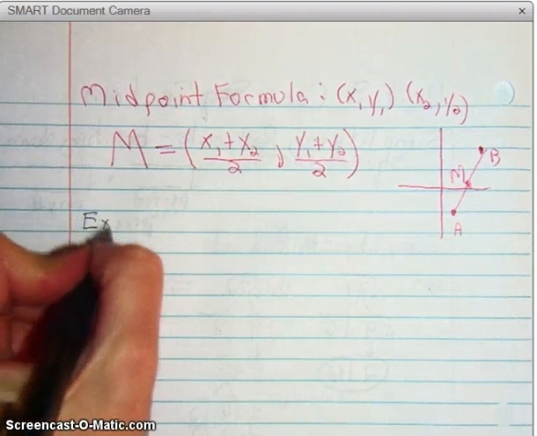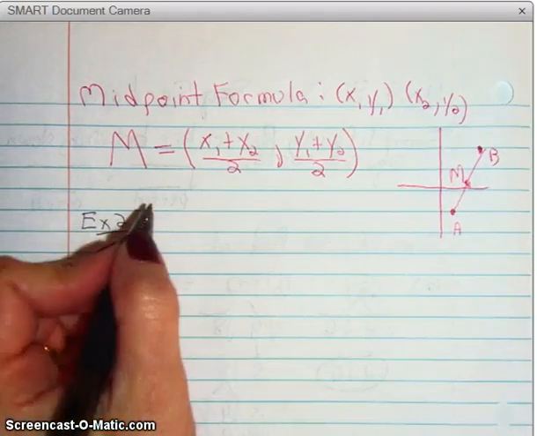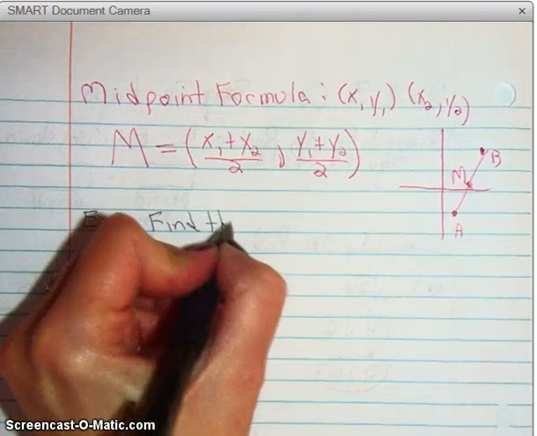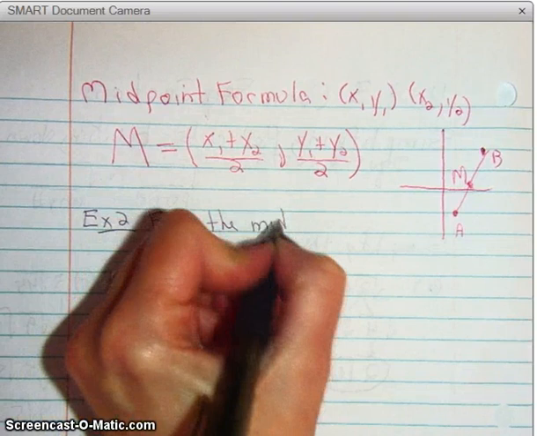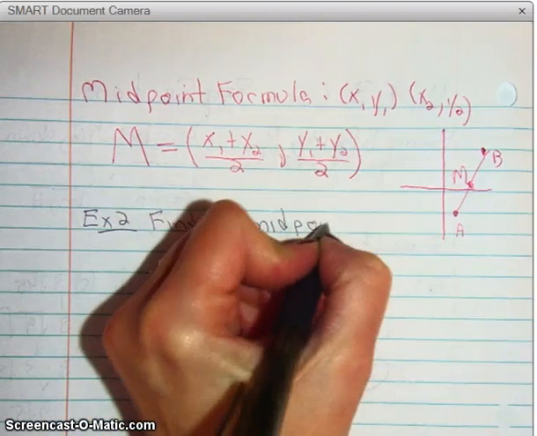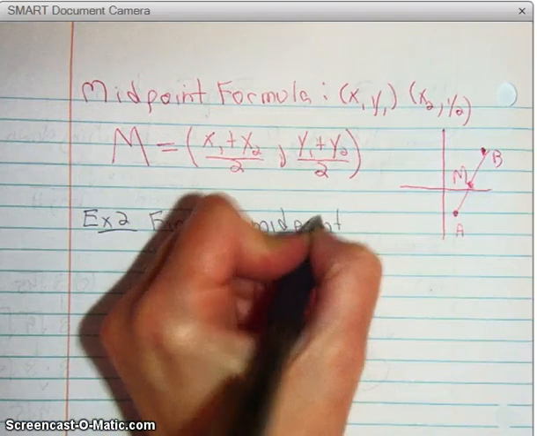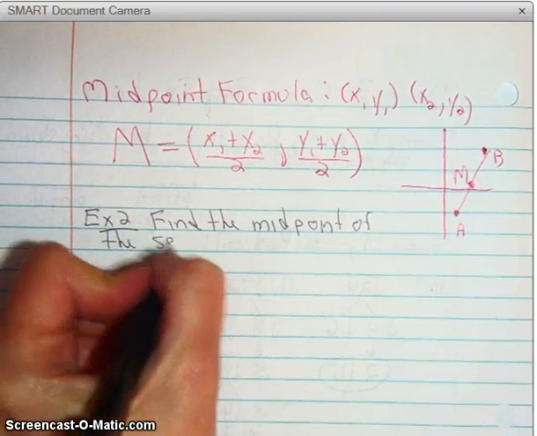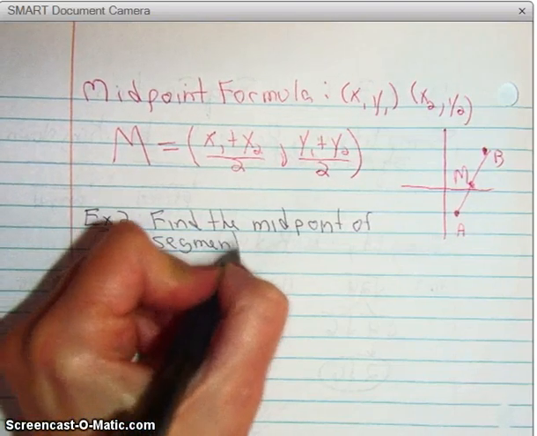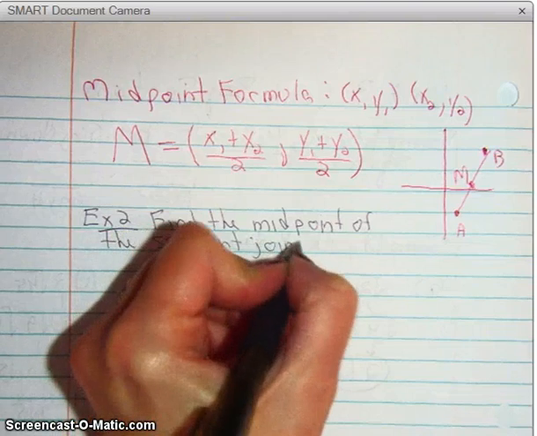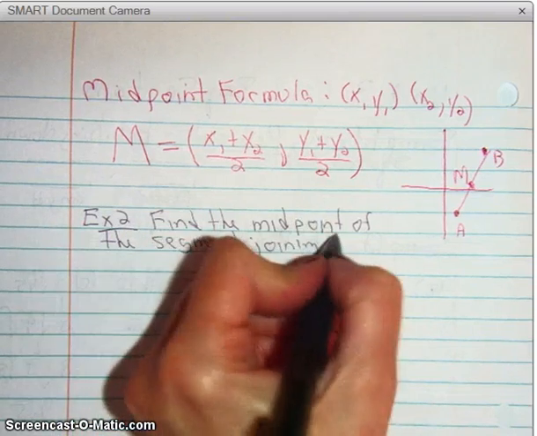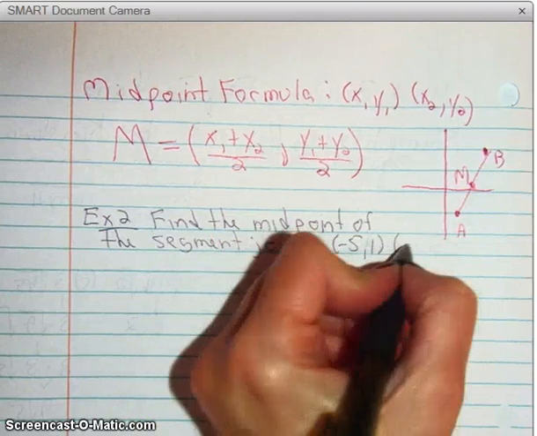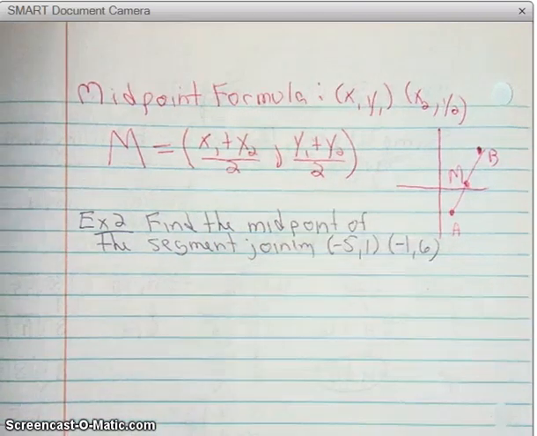All right, Example 2. Find the midpoint of the segment joining -5, 1 and -1, 6.